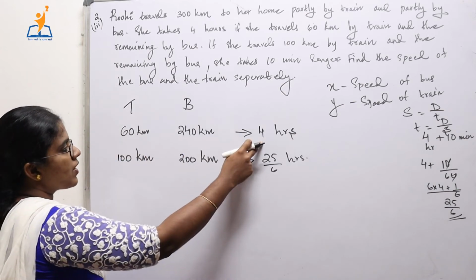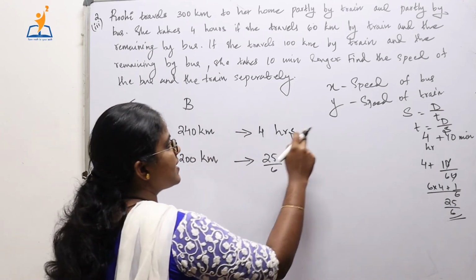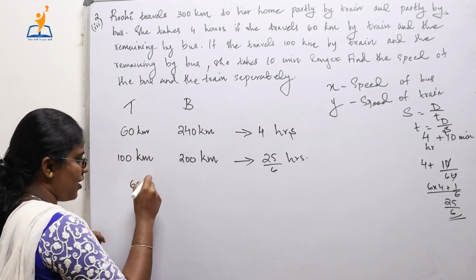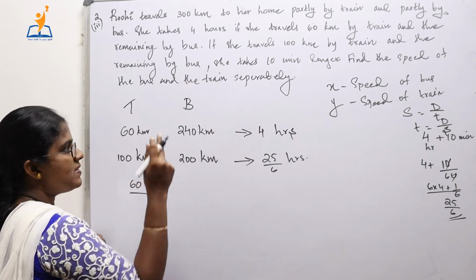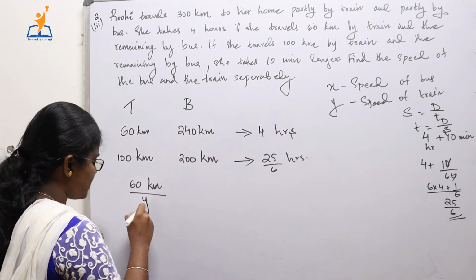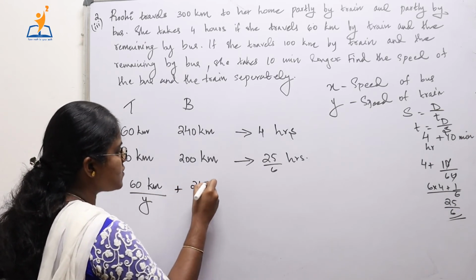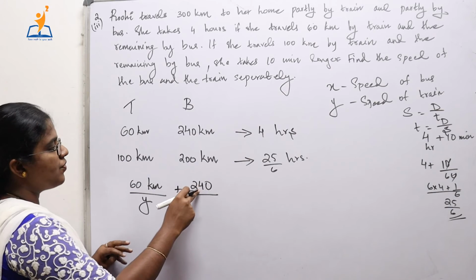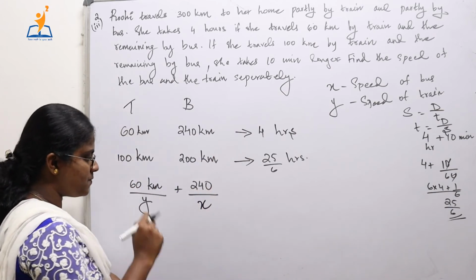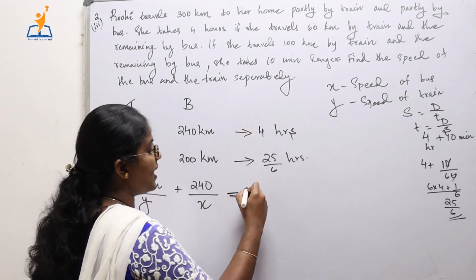Time is distance by speed, and the distance is 60 kilometers, and the speed of train is y. So 60 by y plus 240 kilometers by bus, where 240 is distance and the speed of bus is x. Distance by speed is time, and the total time taken by her is 4 hours.